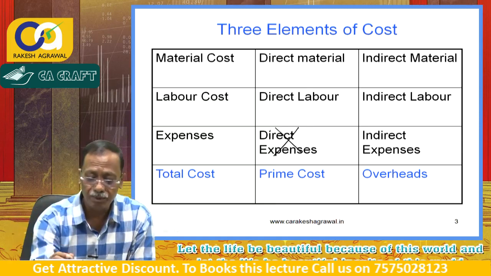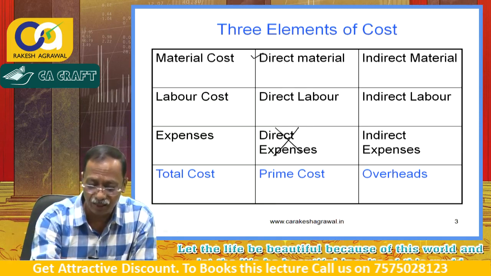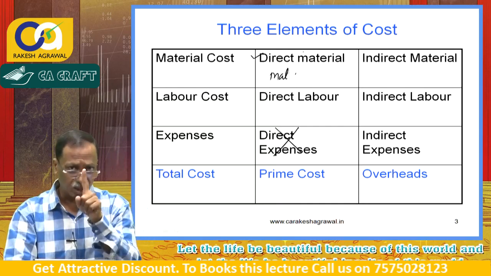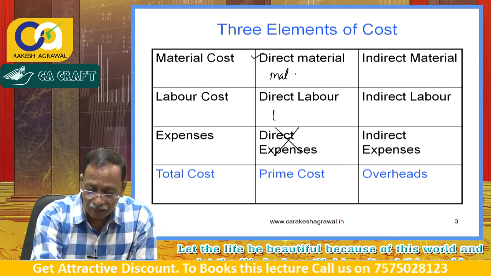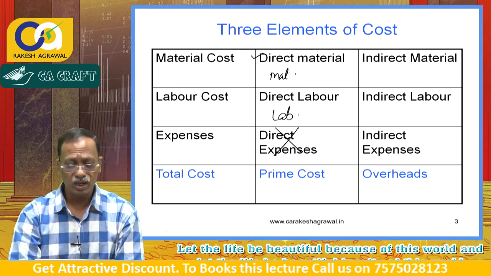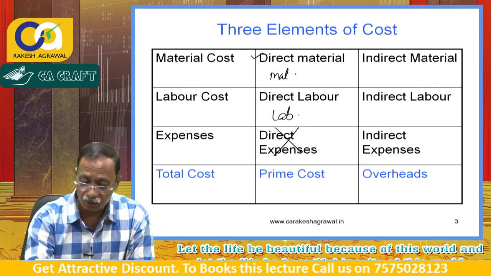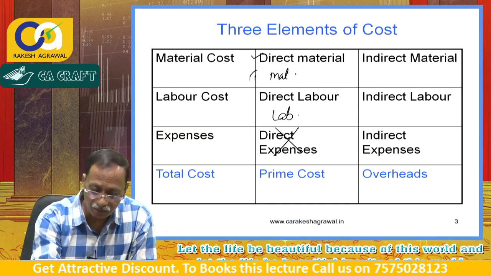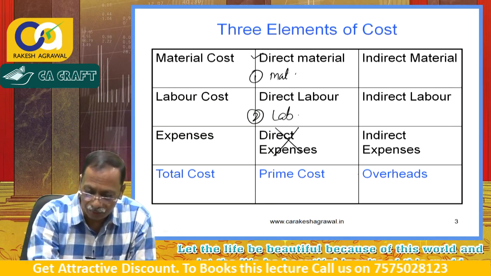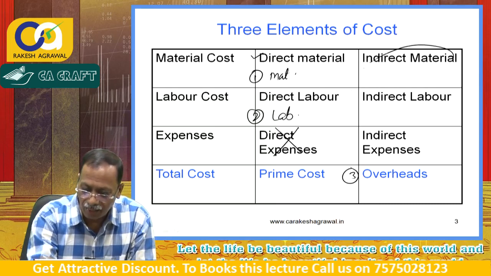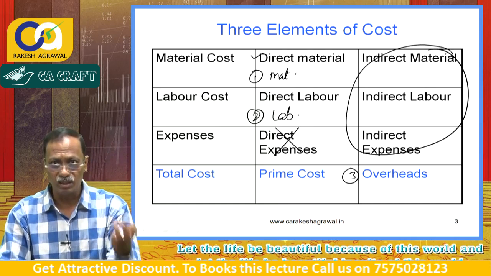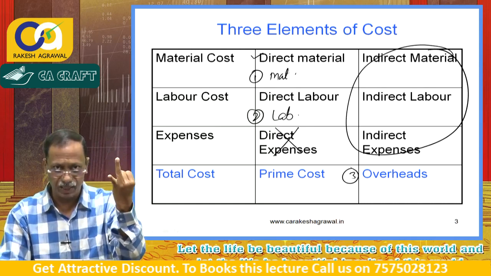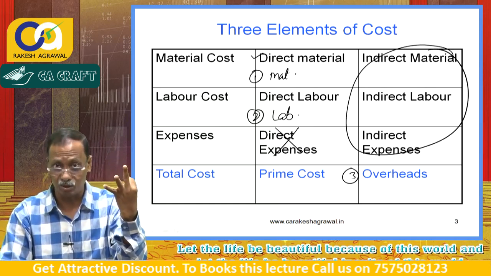So people started calling direct material just material cost. When people say material cost, please remember it is direct material. Direct labor they started just calling labor. And all indirect expenses together are called overheads. So people practically started calling the three elements of cost material, labor and overheads, the practical elements of cost.